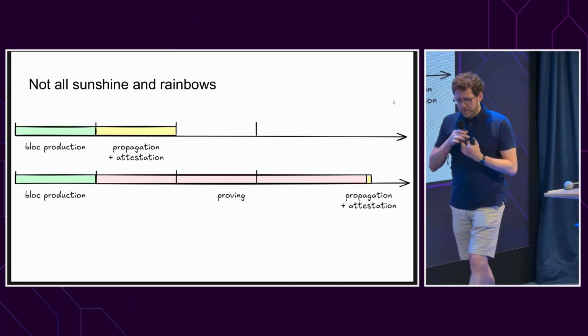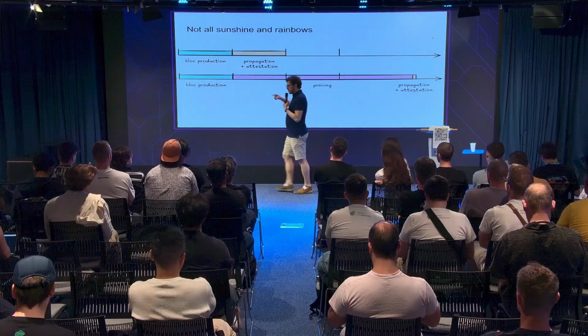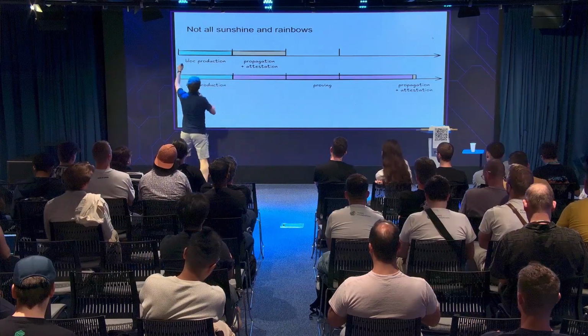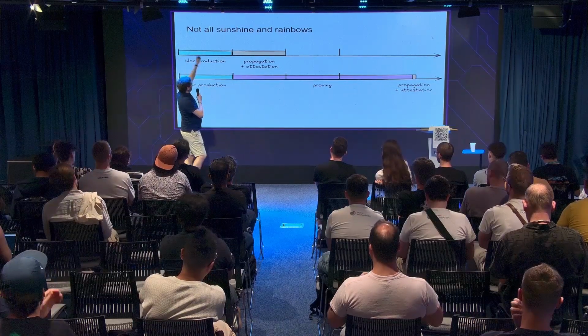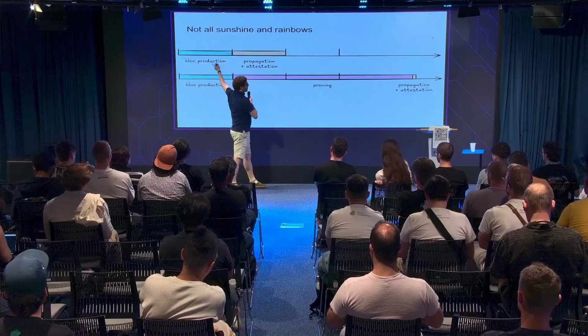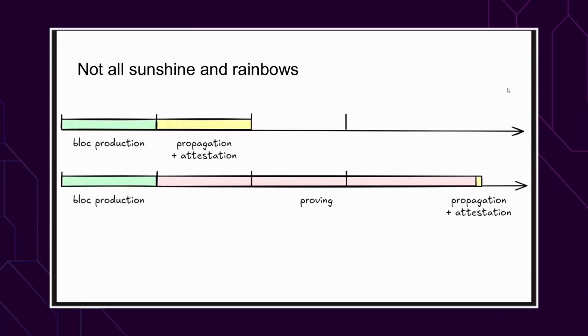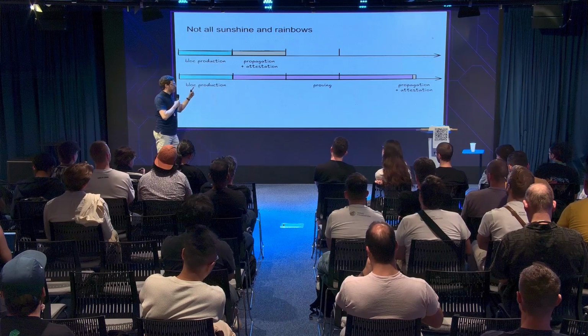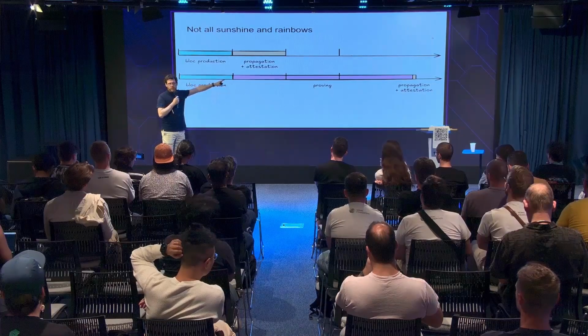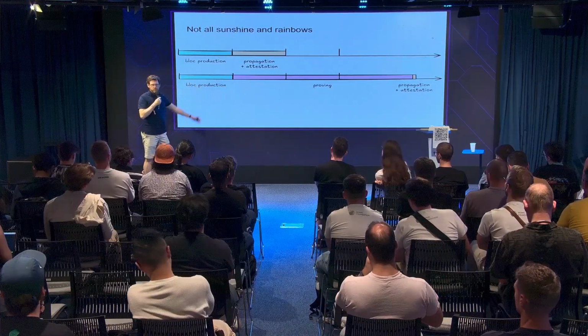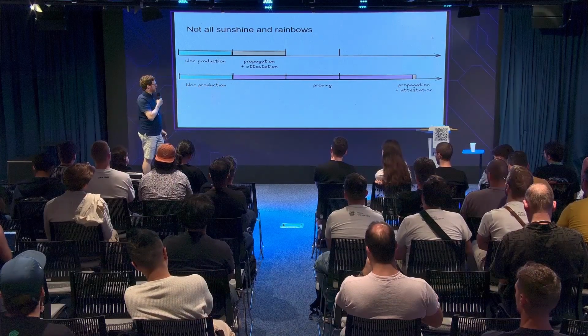So, yeah, this is to explain the problem a bit more. I'm going to do a bit of walking here. So the green, this is a slot, right? You got 4 seconds for block production, 4 seconds for propagation and attestation, and 4 seconds to relax. Now, in the new model, you still have 4 seconds for block production because builders still want to provide the best block they can.